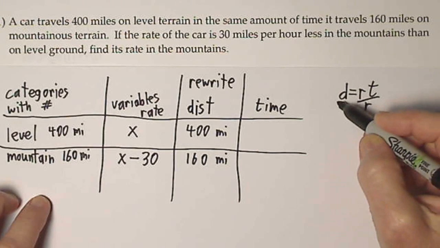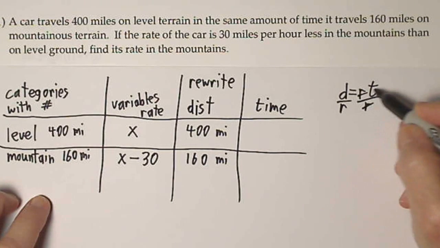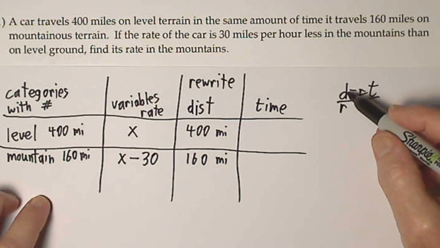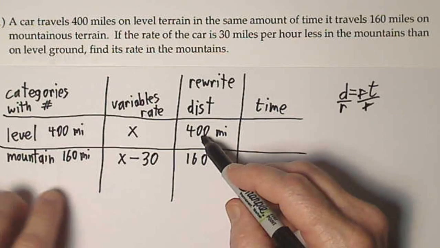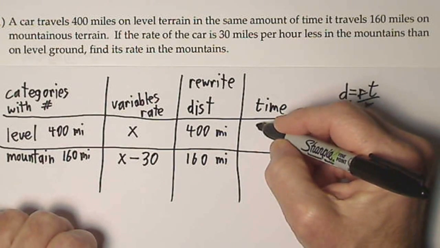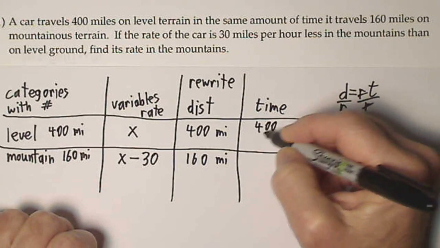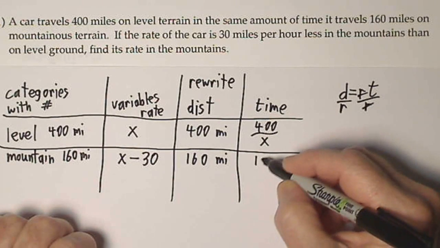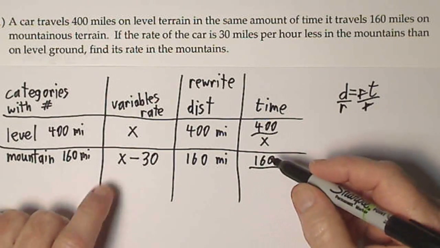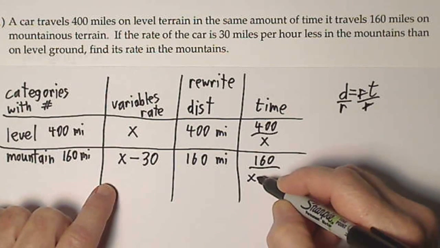So divide by R, divide by R. So T is equal to D over R, or distance over rate. So we can express time as distance over rate. So we have 400 over x, and we have 160 over x minus 30.